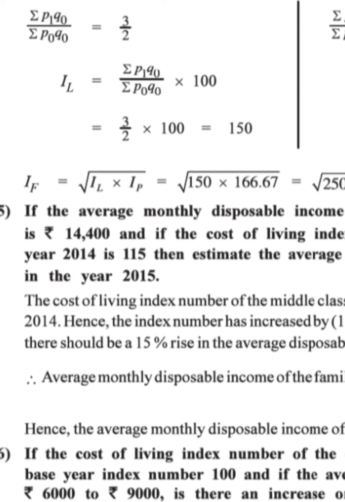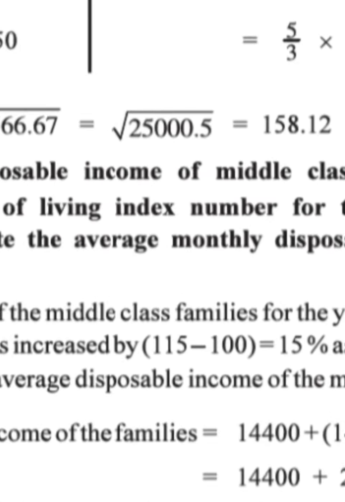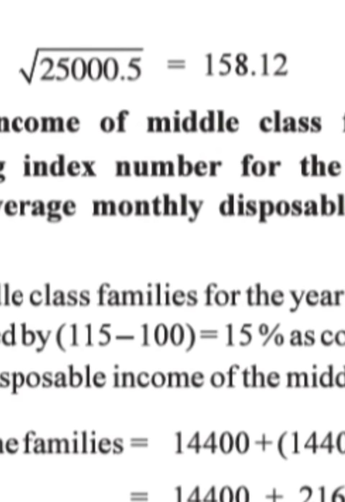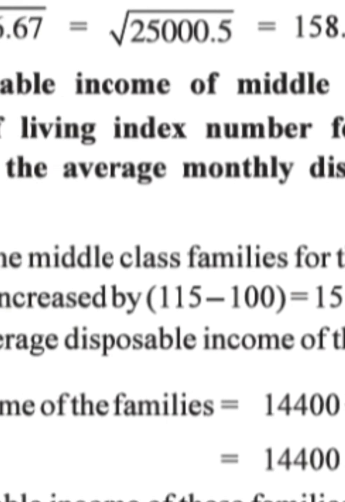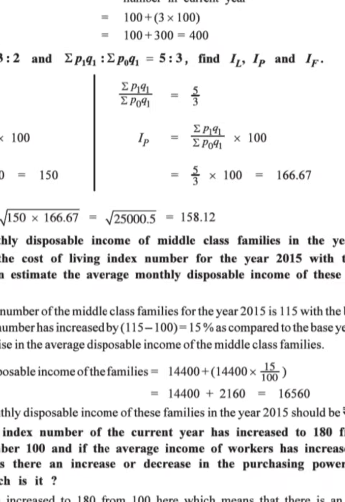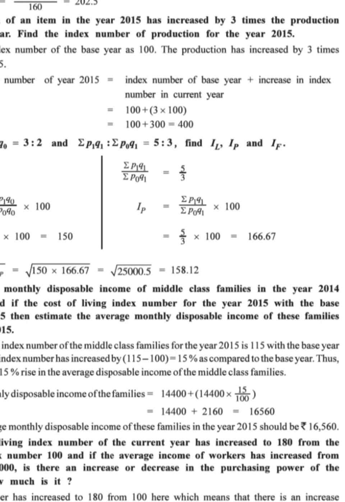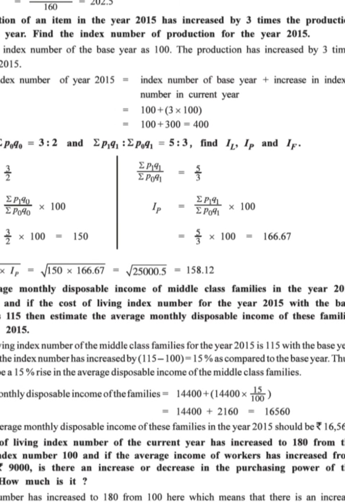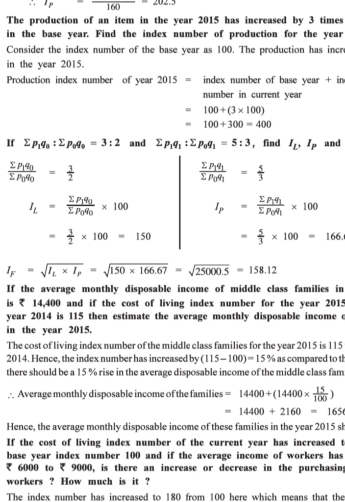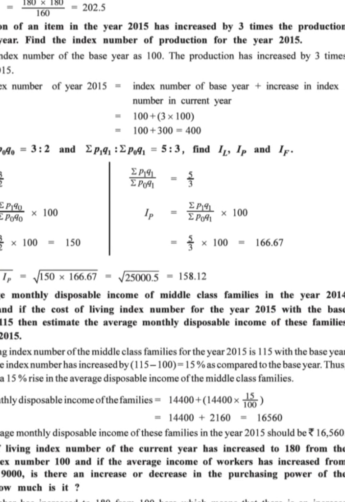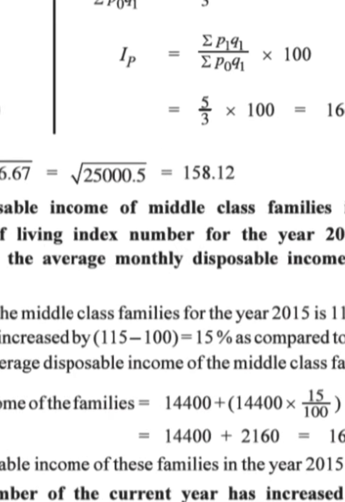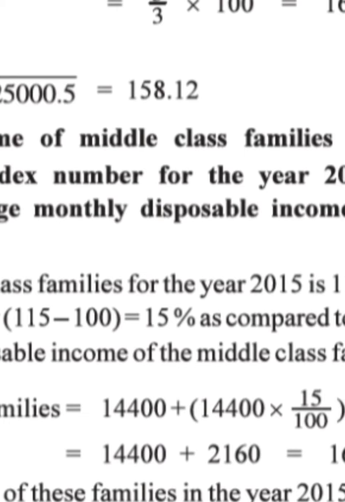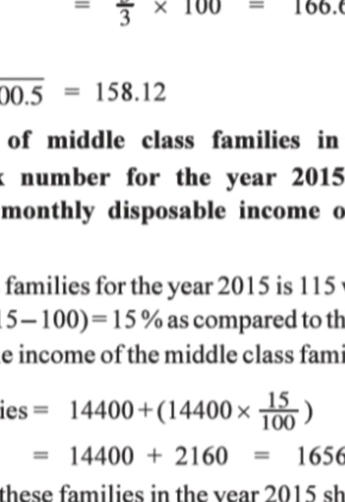Okay, so what is the increase? The increase is by 15%. That is 115 minus 100 is equal to 15%, right? Now they have given us the average disposable income for the family for the base year 2014, which is 14,400, that we are going to take, plus we are going to see what is the increase in the average disposable income of these families.